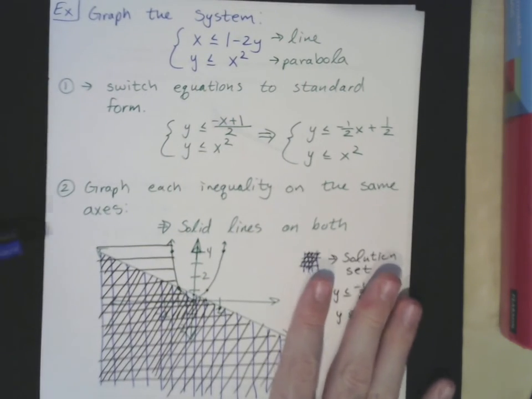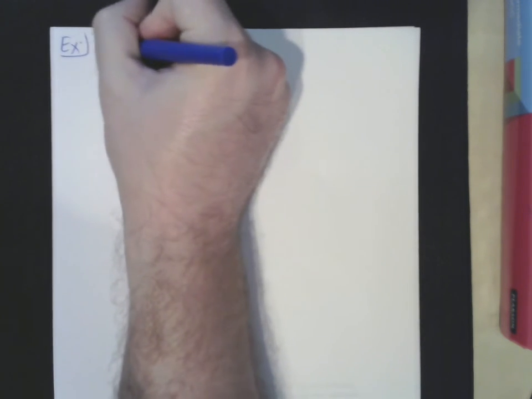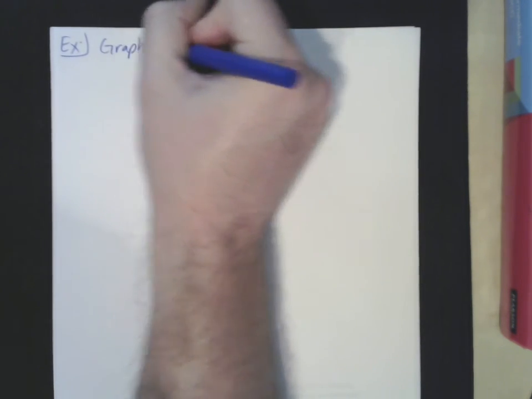Okay, so that's one with a line. Let's take a look at the harder version to finish this up, when we have two different conics in our system. So we are going to graph the system.